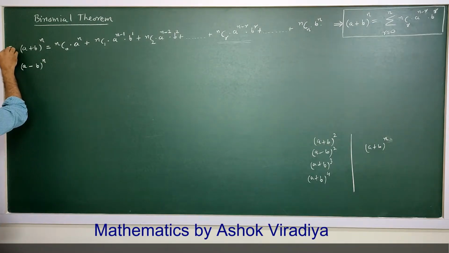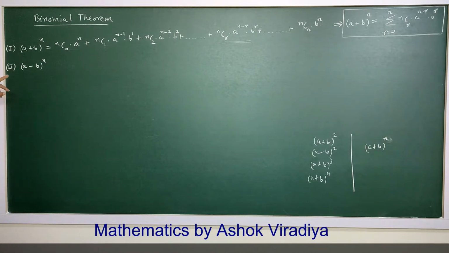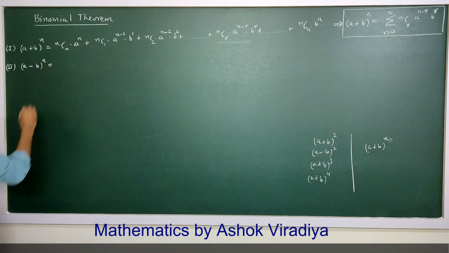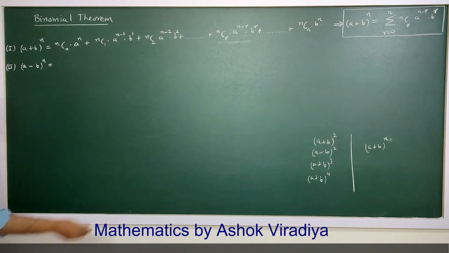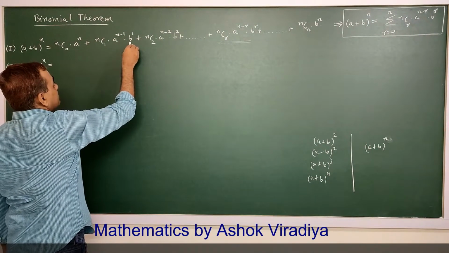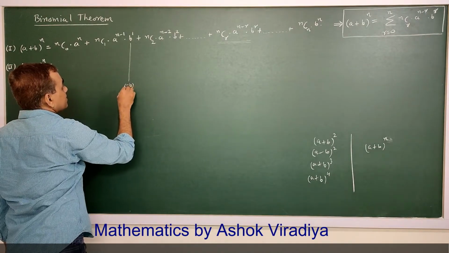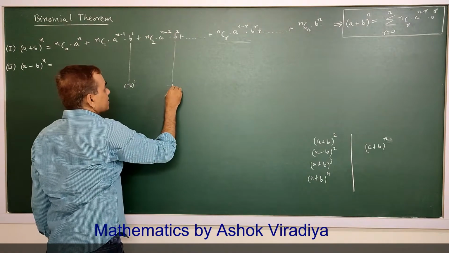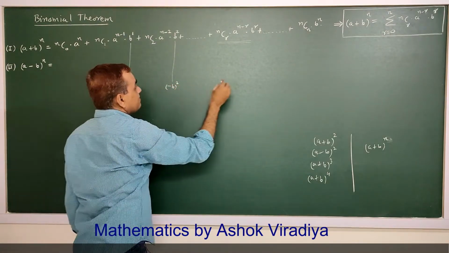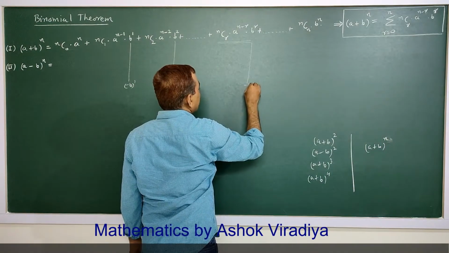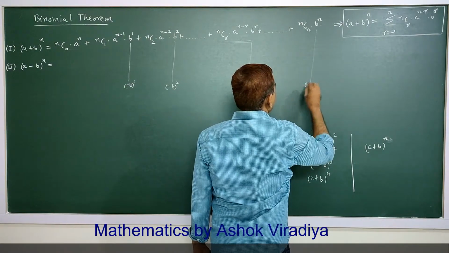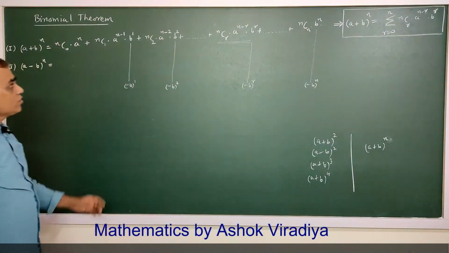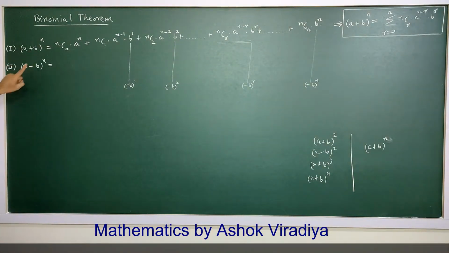This is result 1, this is result 2. (a minus b) raised to n is equal to, everywhere wherever b is given, I will keep minus b.